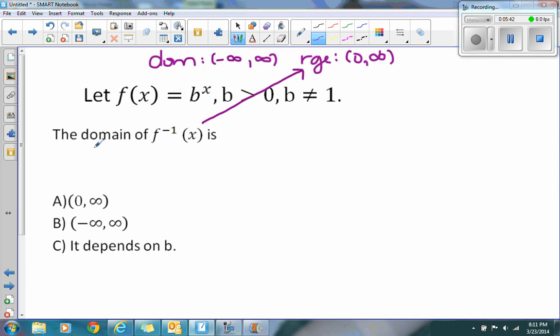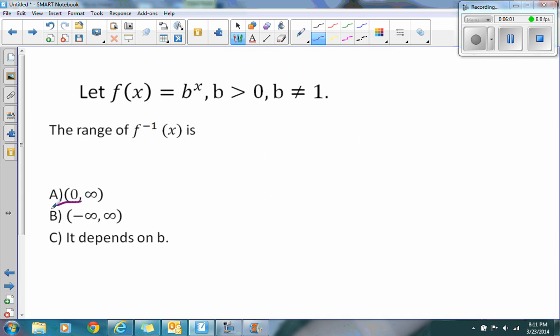The domain of the inverse is the range of the function that we started with, which means the domain of this inverse function is positive numbers, and even though it can only accept positive numbers, it's going to spit out all real numbers. So they just switch. The domain of one is the range of the other. And it doesn't in any way, shape, or form depend on b, assuming we're within those parameters.